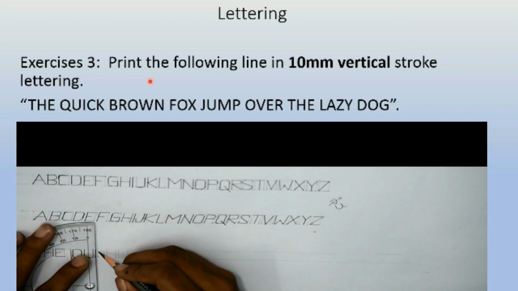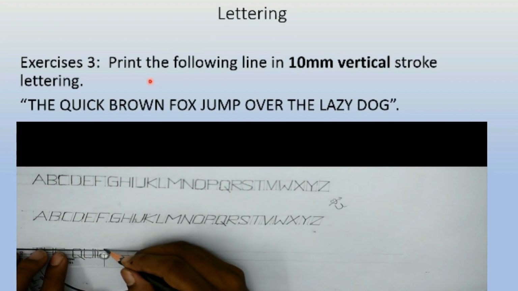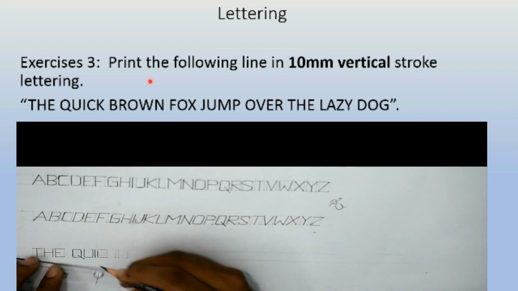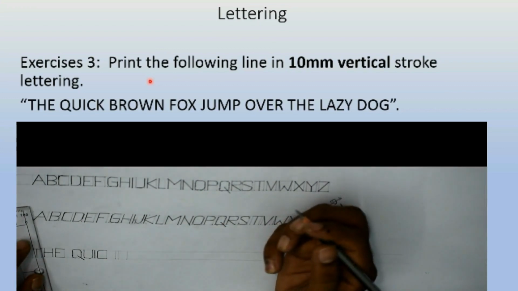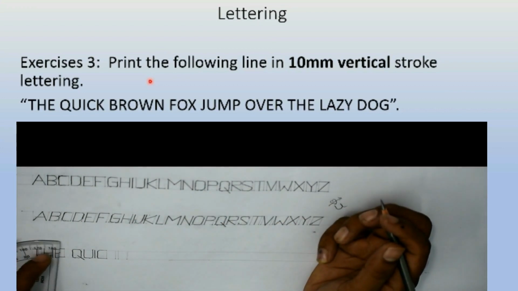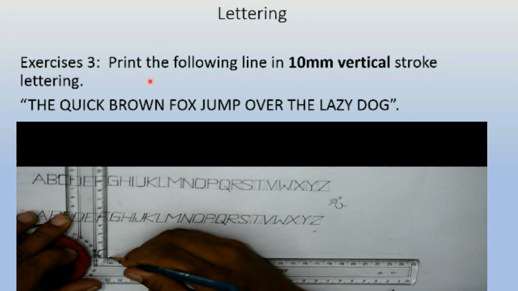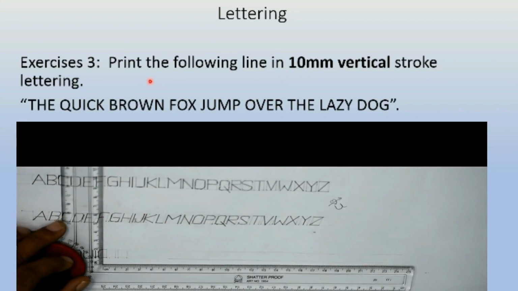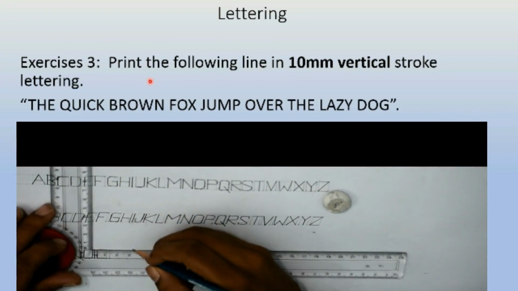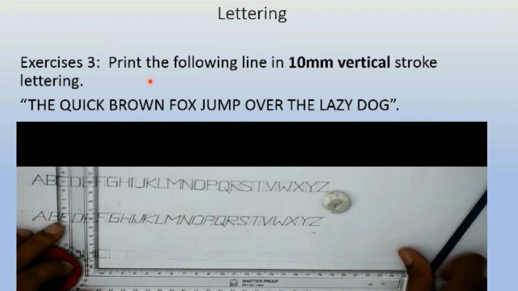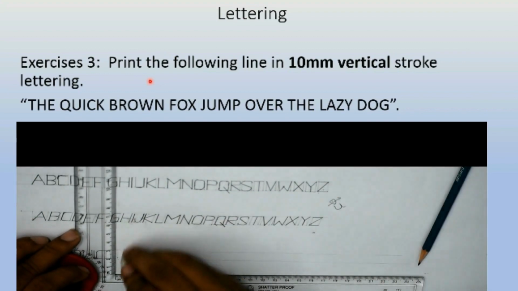I, and C. Q, I, C. Now I have to take 2 mm. Sorry, I forgot to take 2 mm from here, and then 7 mm will come here. That is why I suggest students complete word by word.